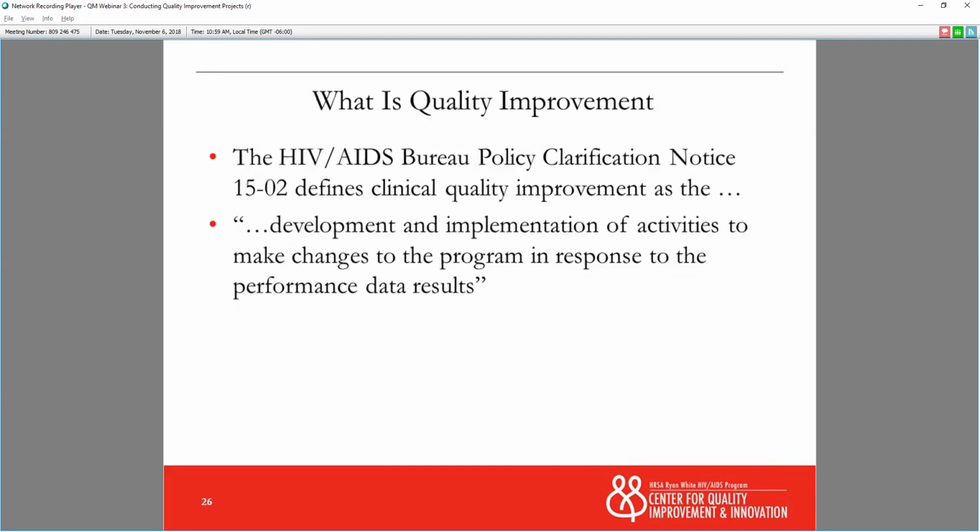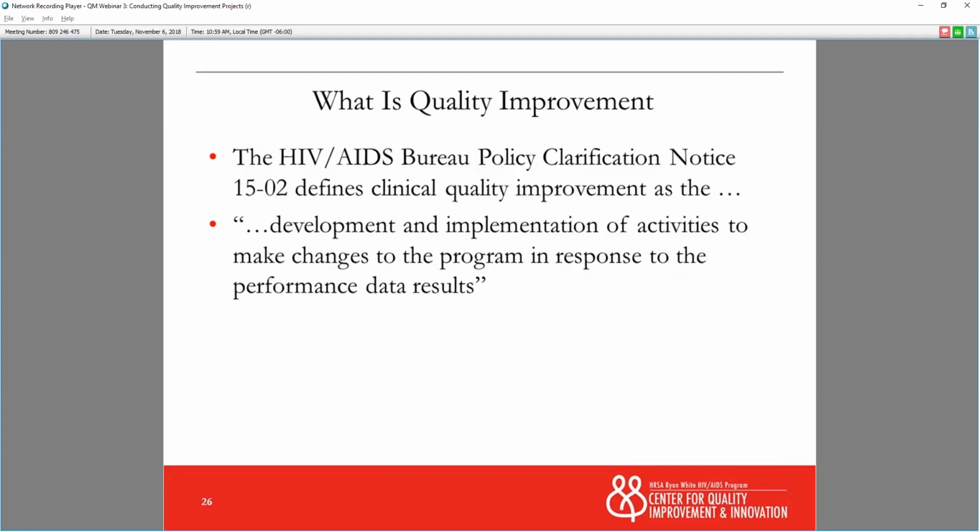So back to PCN 1502 again, and I want to say one word about this. In the Ryan White legislation dating back to 2009, the word clinical quality management was inserted within the law.